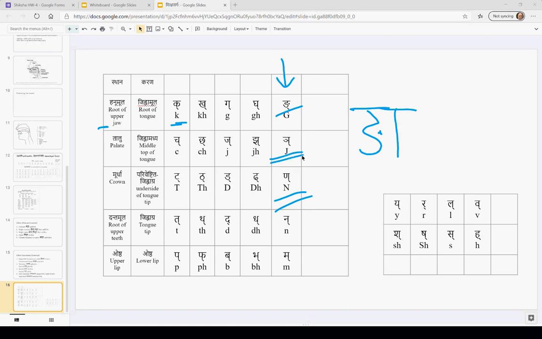This becomes nya, nyi, nyu, nyo. Na, ni, nu, ne, nai, no. The important thing is that the position remains the same here. So these are simple. Ma, mi, mu, me, mai, mo. The position remains the same.